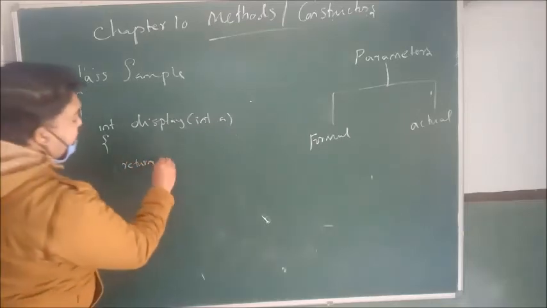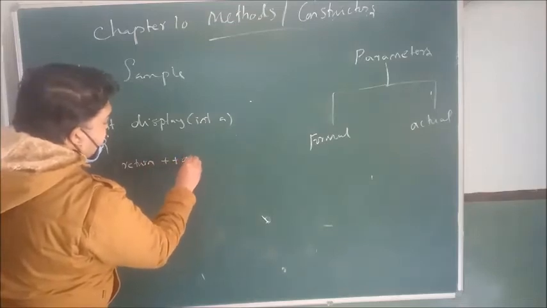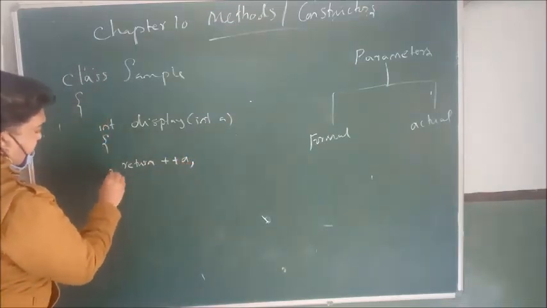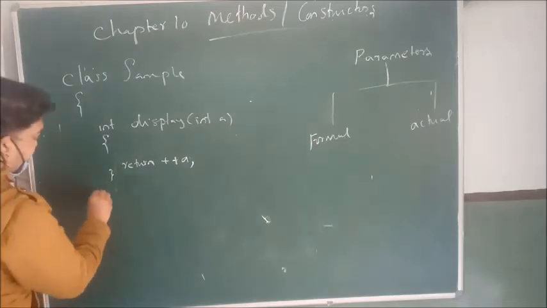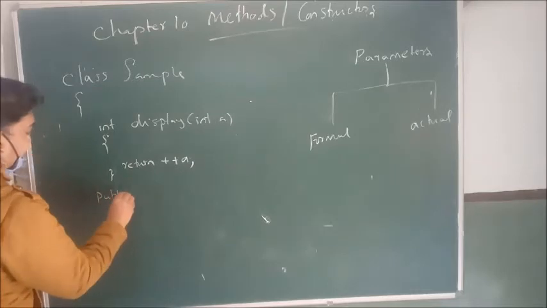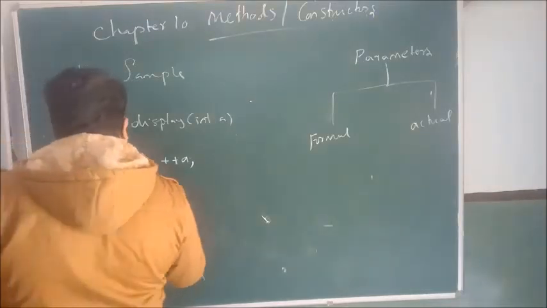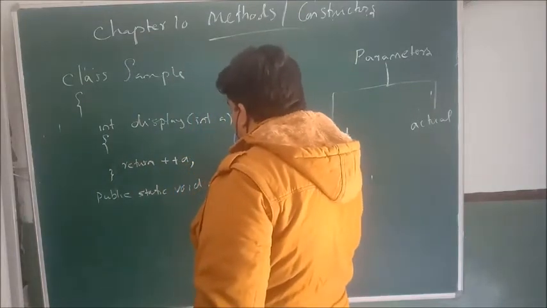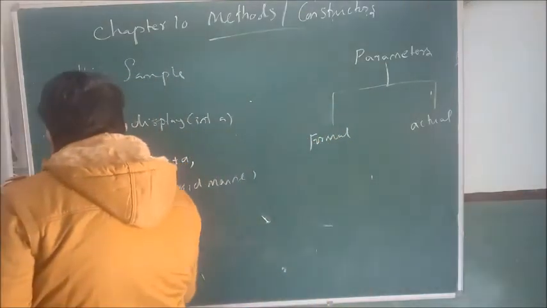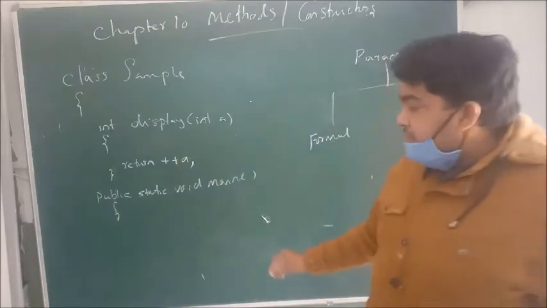So return, we can say ++a. Then we have the main method, public static void main. So public static void main, we created the main method. Okay.